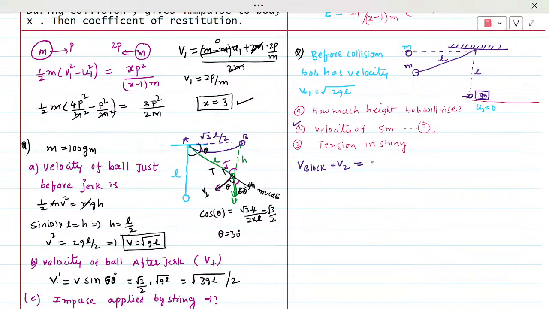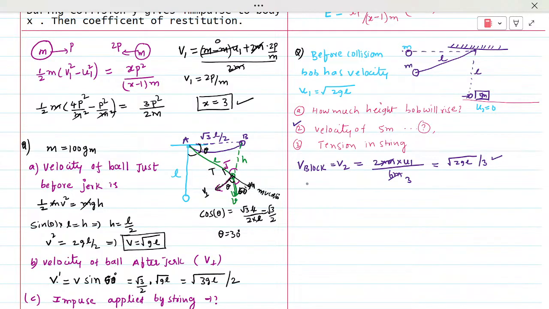V2 is equal to (m2 minus m1) into 0, plus 2 m1 u1, divided by m1 plus m2, that equals 6m. So 2m and 6m get cancelled, giving 3. So V2 is equal to u1 by 3, that equals root 2gL by 3. This is the answer.